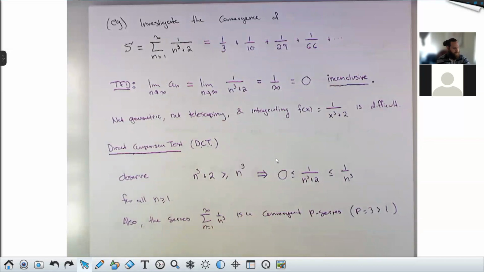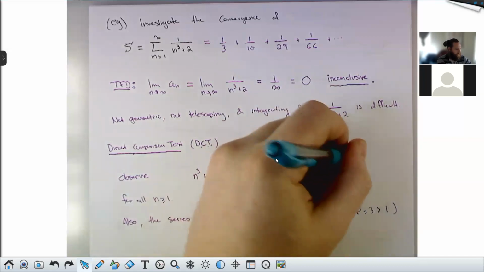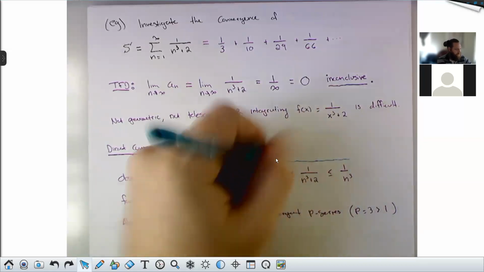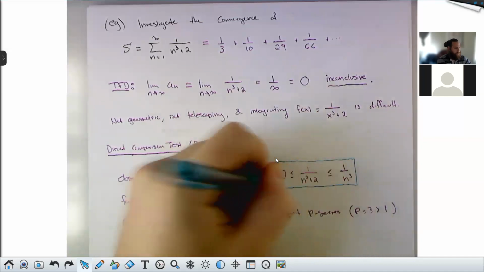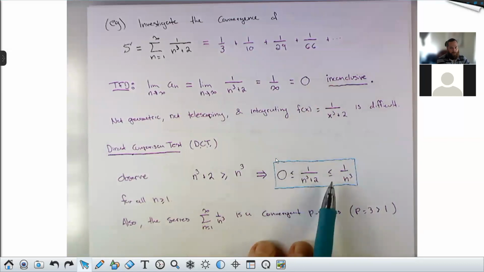So this inequality is what's going to do the job for us, right? This is sort of the secret sauce here. The terms of my series are smaller than the terms of this convergent p series.